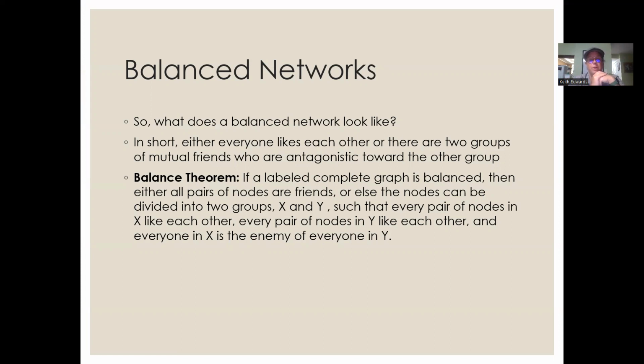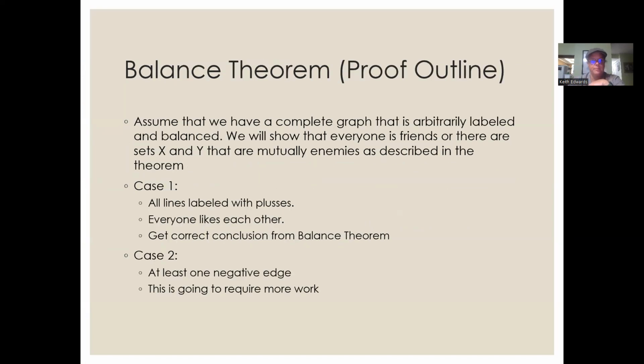If a labeled complete graph is balanced, then either all pairs of nodes are friends, or else the nodes can be divided into two groups, X and Y, such that every pair of nodes in X like each other, every pair of nodes in Y like each other, and everyone in X is the enemy of everyone in Y. The balance theorem can actually be proven, and it's not obvious, but it is interesting. Here, a local structure implies a global structure for the entire network.